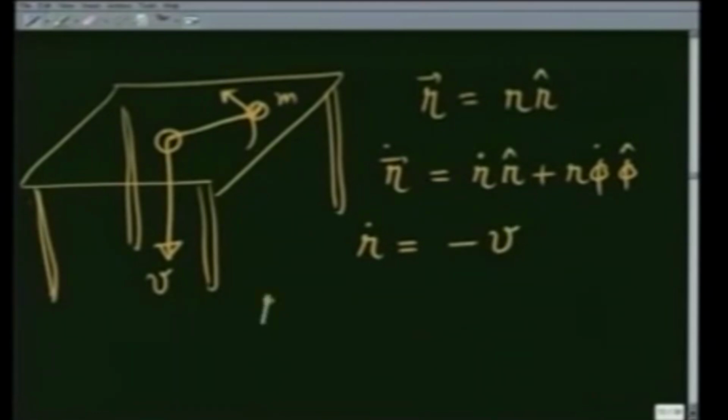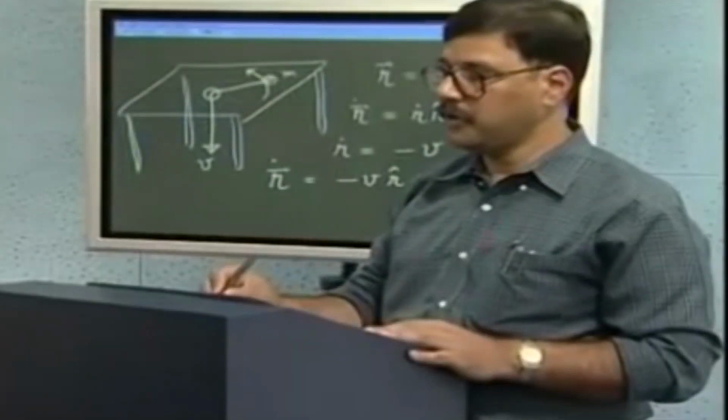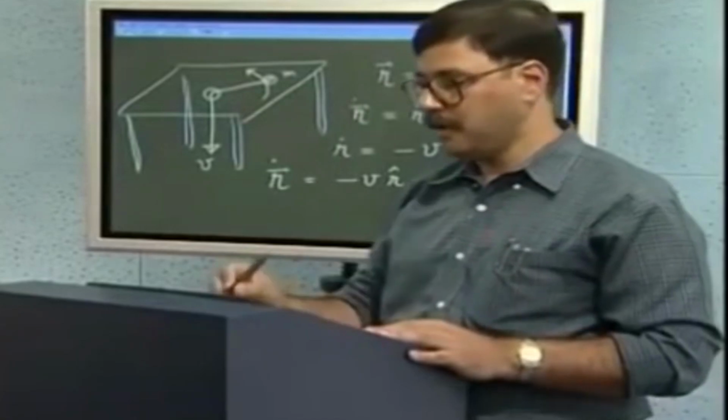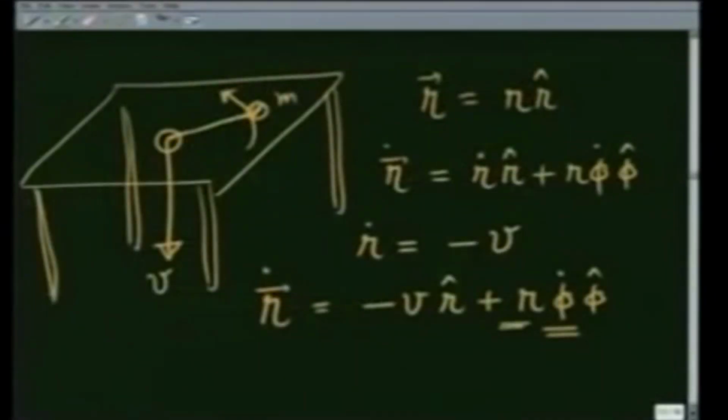Therefore, the velocity is equal to minus v r-hat plus r phi dot phi-hat. I want to find the subsequent motion: how phi dot changes with time, how r changes with time, and what is the force F needed to pull this thread down.